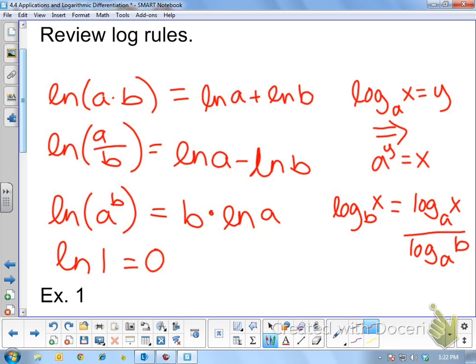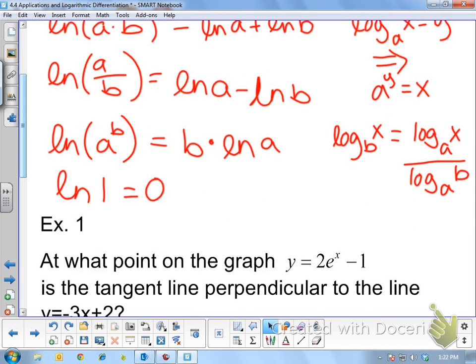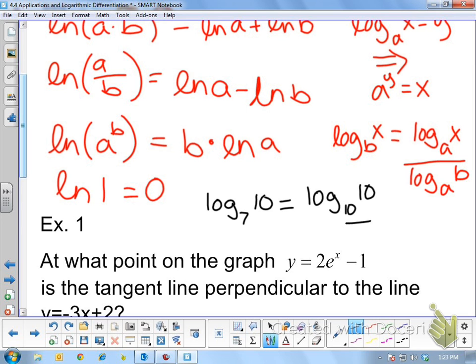You don't have to write this down, but just to show you, if I had log base 7 of 10, okay. Now most of the time we couldn't plug this into a calculator because our calculators would only be base 10. It's more of a thing of the past, but just again so you can see, if I want to plug it into a calculator, I could say log base 10 of 10 over log base 10 of 7.